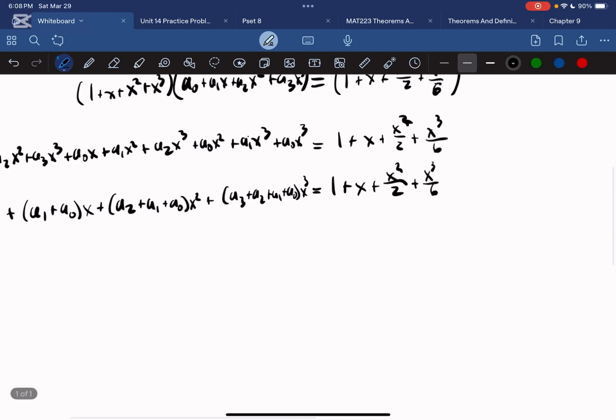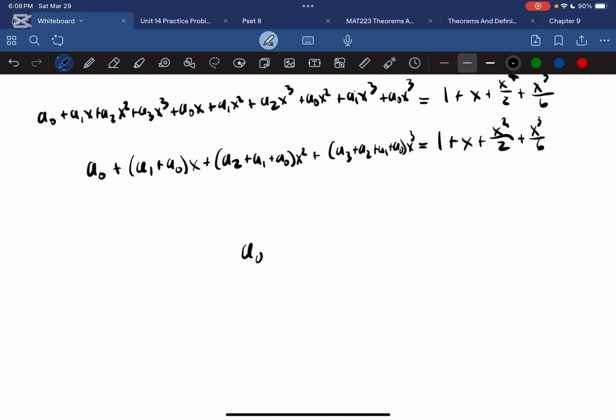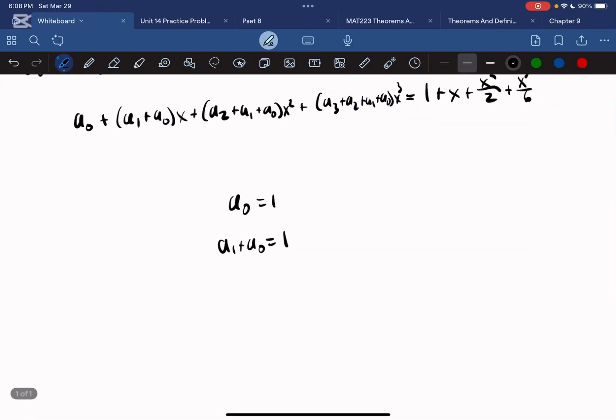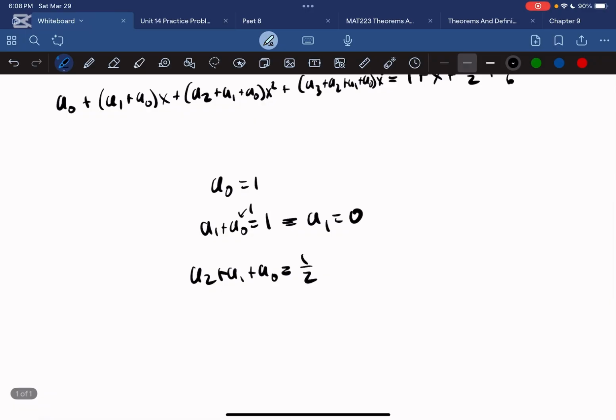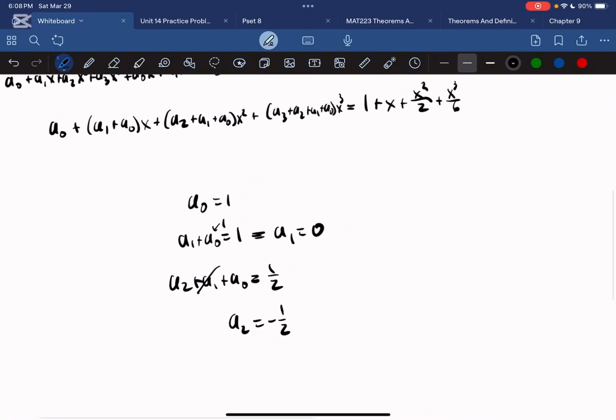Okay, so we know a0 has to equal 1. a1 plus a0 has to equal 1, right? But since a0 is 1, that means a1 is equal to 0, right? We know a2 plus a1 plus a0 has to be equal to 1/2, right? Since we know a1 is 0, that means a2 has to equal negative 1/2, right?